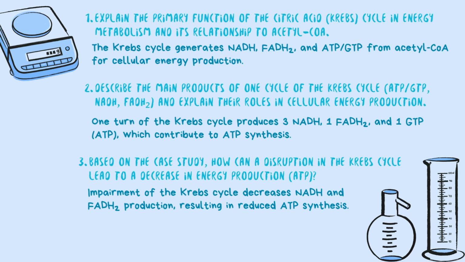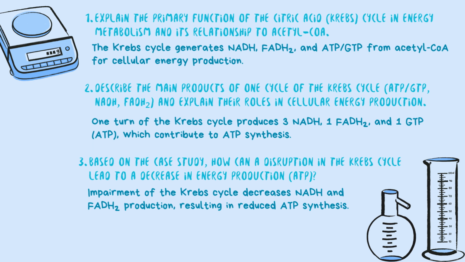Describe the main products of one cycle of the Krebs cycle, ATP or GTP and NADH, FADH2, and explain their roles in cellular energy production. One turn of the Krebs cycle produces 3 NADH, 1 FADH2, and 1 GTP or ATP, which contribute to ATP synthesis.